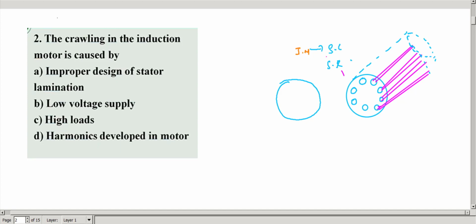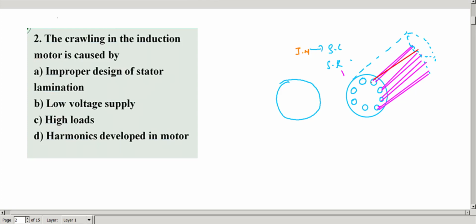Actually, these slots are not placed parallelly. You have some angle. If you see here, this will actually be placed like this.